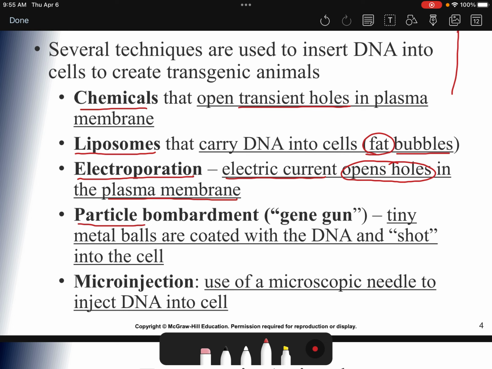Particle bombardment, or what sometimes is referred to as a gene gun, basically they're teeny tiny metal balls that are coated with the DNA, and then they basically get shot into the cell. I've seen this done up at NDSU when I was doing my research for my graduate degree in the barley genetics lab.